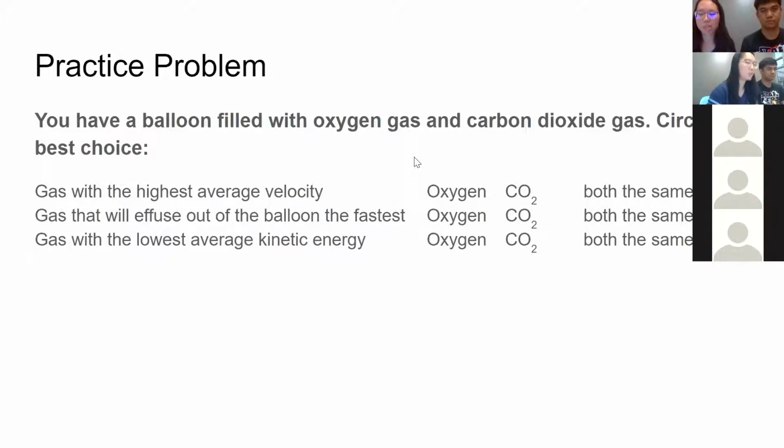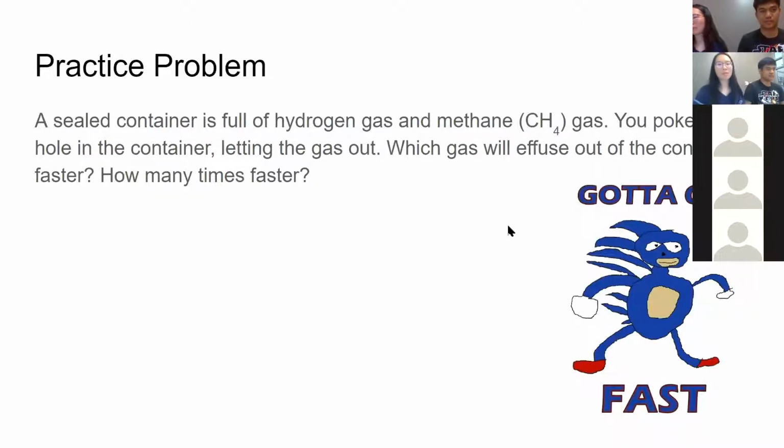Even if CO2 is larger and heavier and moves more slowly than O2, the average kinetic energy, which is how much these gas molecules are moving, will still be higher for CO2 because the temperature is higher. So hopefully that makes a little more sense.